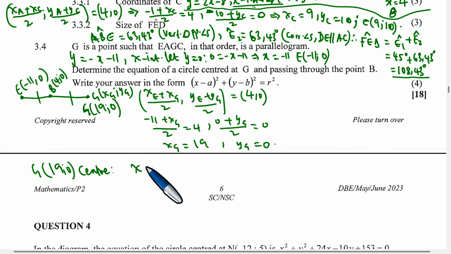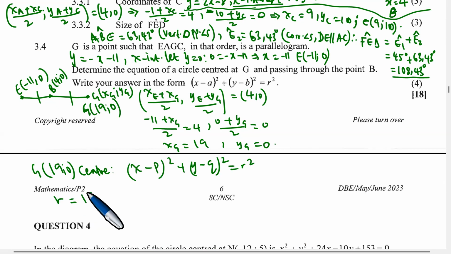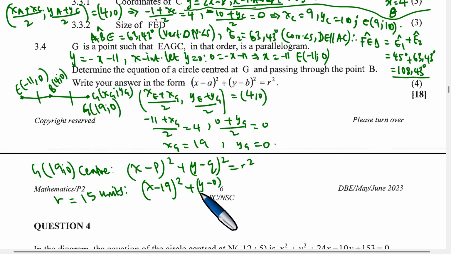So you have X minus P all squared, Y minus Q all squared equals the radius squared. We have seen that the radius of that circle is 15 units. Therefore, we have the center, which is X minus 19 all squared plus Y minus 0 all squared.